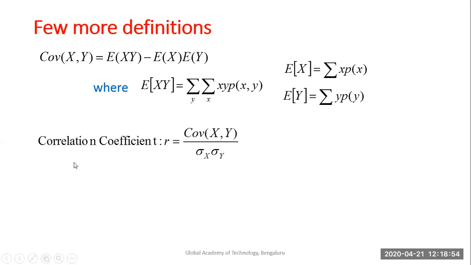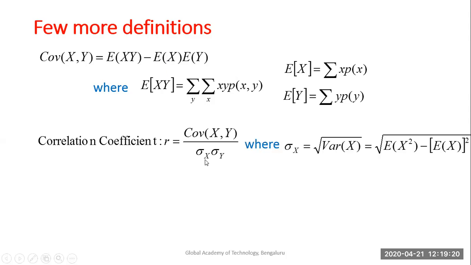Then we have the correlation coefficient, which gives how strong the relation is between x and y. As we know, R is given by the covariance of x, y divided by the standard deviation of x into the standard deviation of y. The covariance of x comma y is given by the expectation of xy minus the expectation of x into the expectation of y.